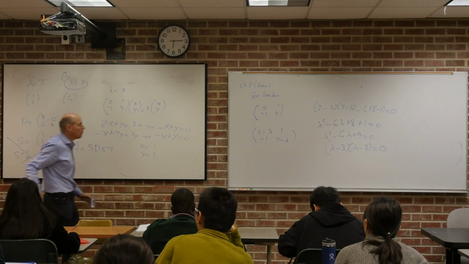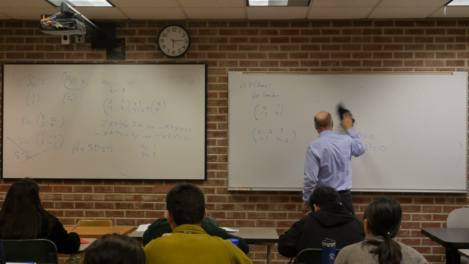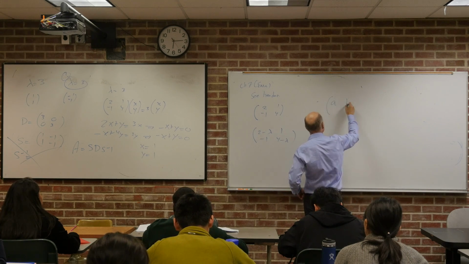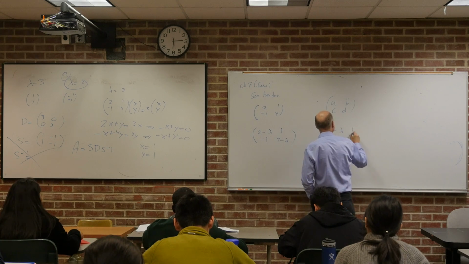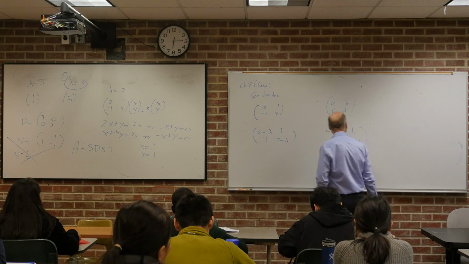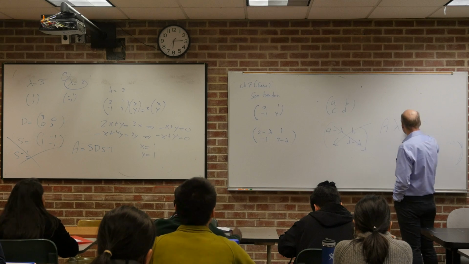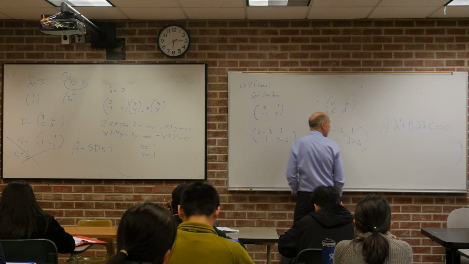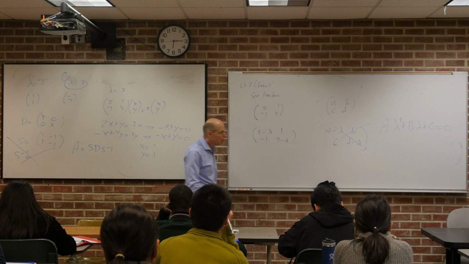So let's go back a little bit. If I have a generic 2 by 2 matrix, that is a, b, c, d, and I do the crisscross, I'm going to get an equation that looks like this.